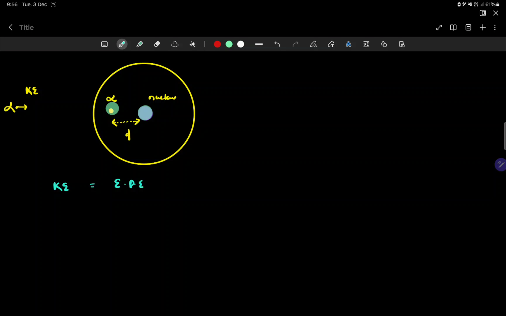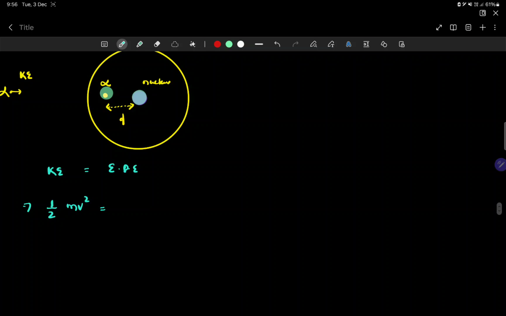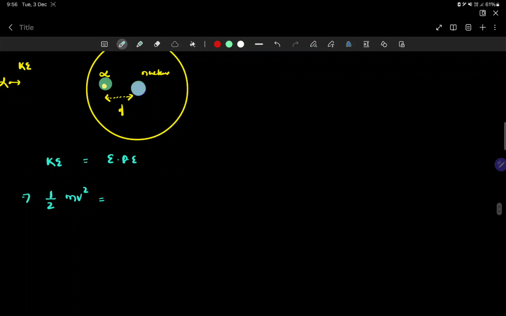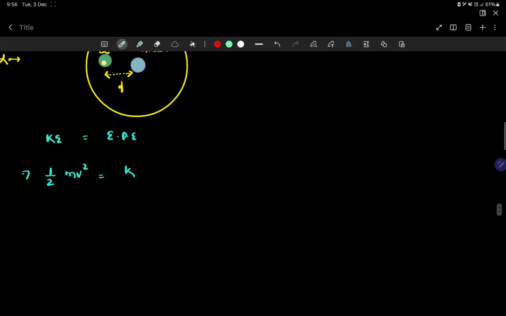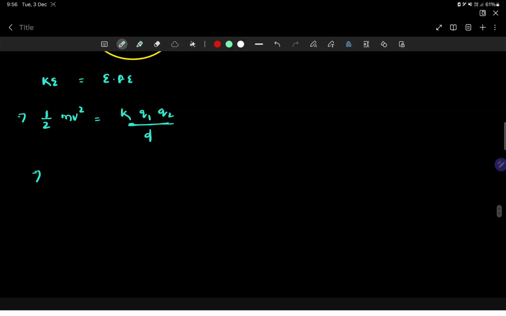The formula is kinetic energy is half mv square, and electrostatic potential energy when the separation between the alpha particle and nucleus is d is k q1 q2 divided by d. q1 is the charge of the alpha particle, q2 is the charge of the nucleus. So if you observe, we came to know that v square is proportional to 1 by d.